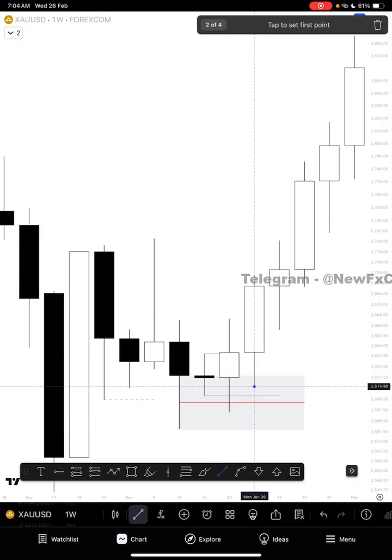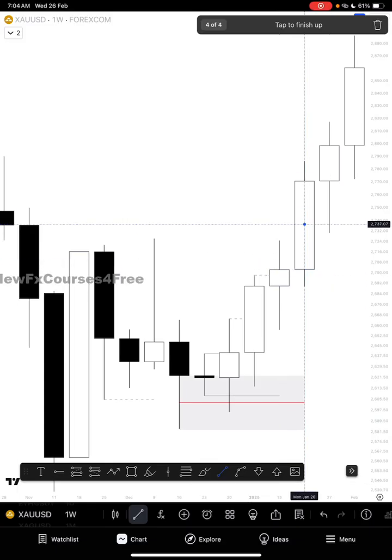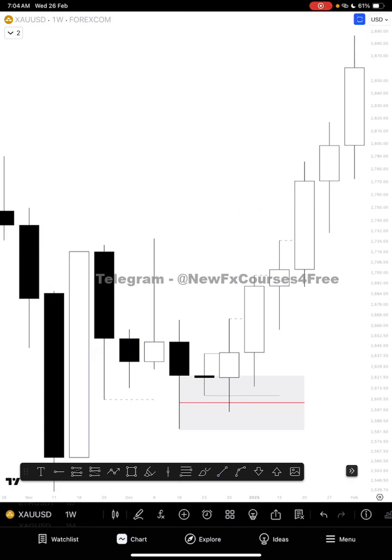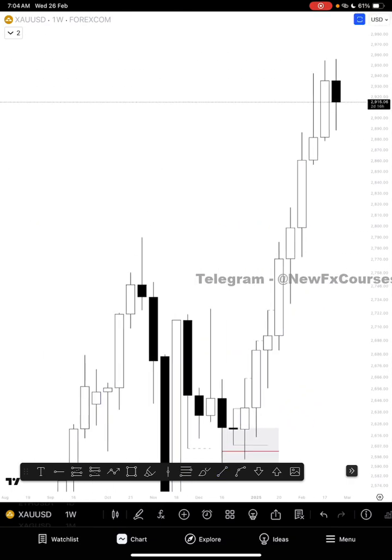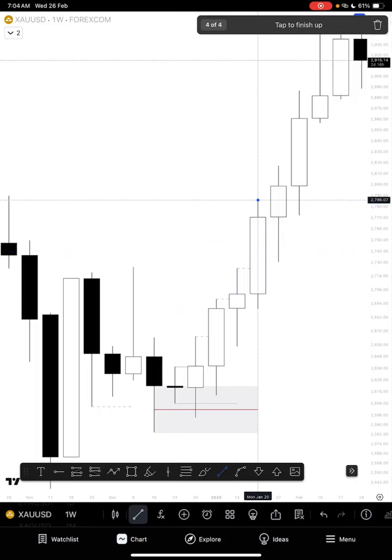CRT high used as key level, close above higher prices, close above higher prices, close above higher prices, and close above.